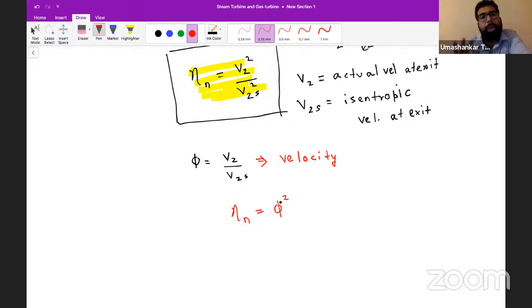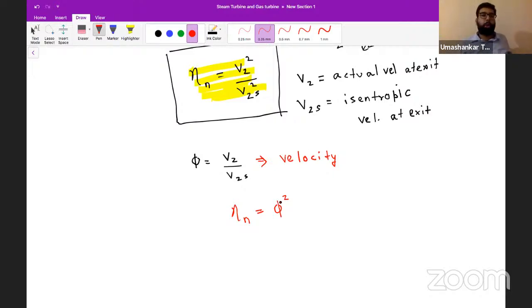So half of the impulse turbine is completed, because an impulse turbine is a combination of nozzle and moving blade, and the nozzle part is completed in all respects.